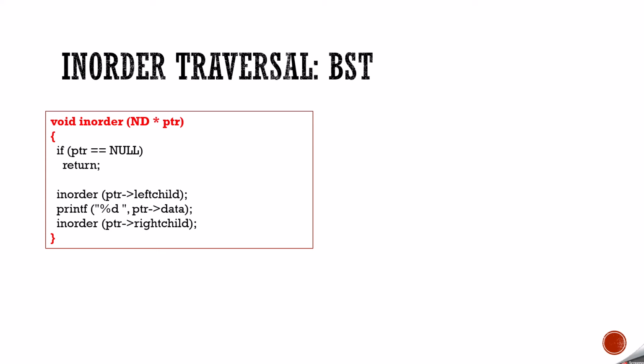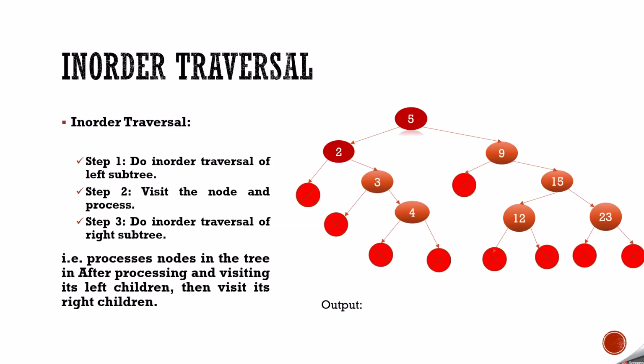If you are using a recursive call, see here in my program I am using a recursive call to traverse the left-hand side or the right-hand side. So let's recall what exactly in-order traversal says. If you can remember, I have already discussed in the last lectures, in case of in-order traversal, we will not process or print that node value until we visit it for the second time.